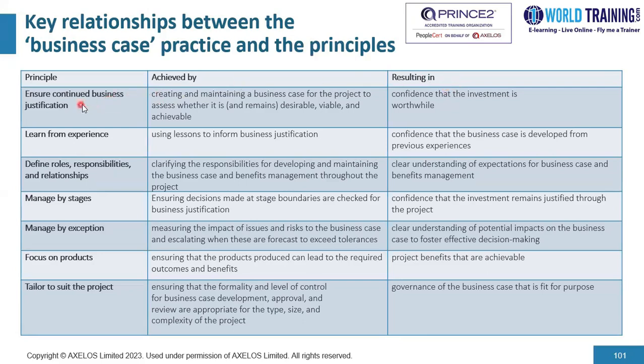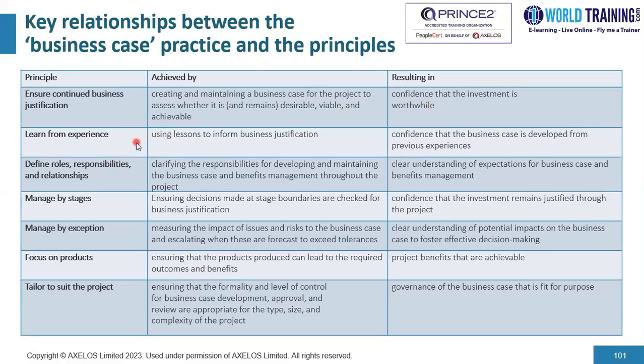Now, ensuring continued business justification is achieved by creating and maintaining a business case for the project to assess whether it is and remains desirable, viable, and achievable. And what does this component result in? It results in confidence that the investment is really worthwhile.